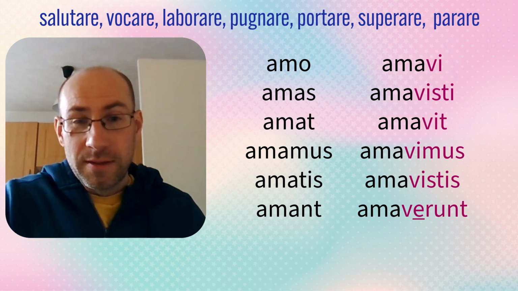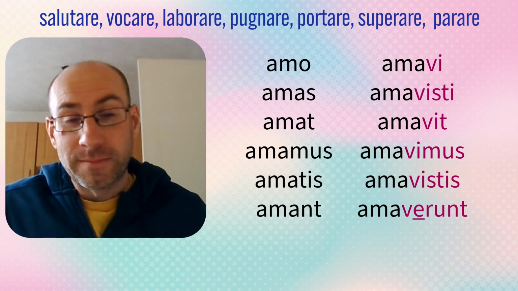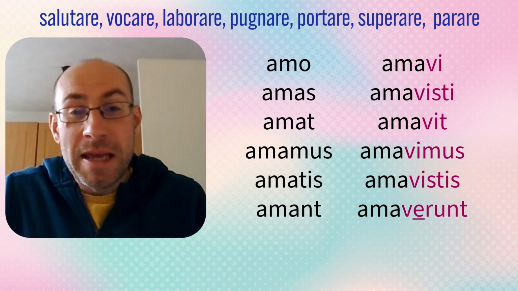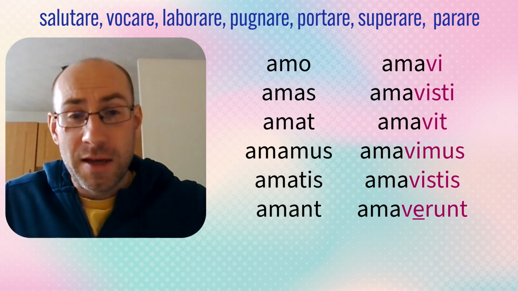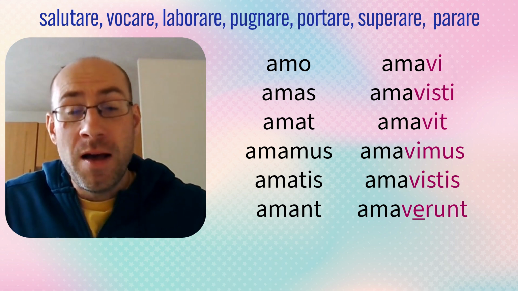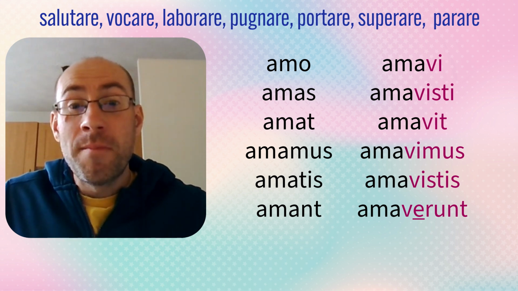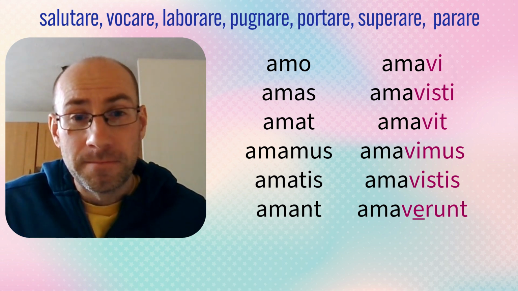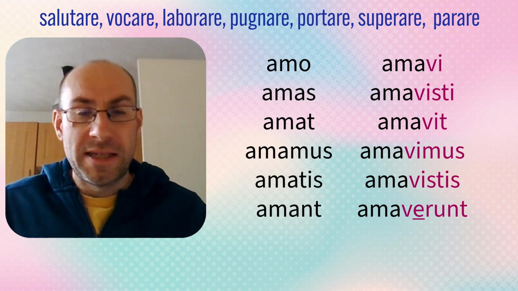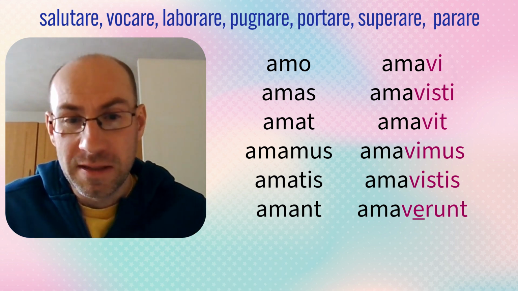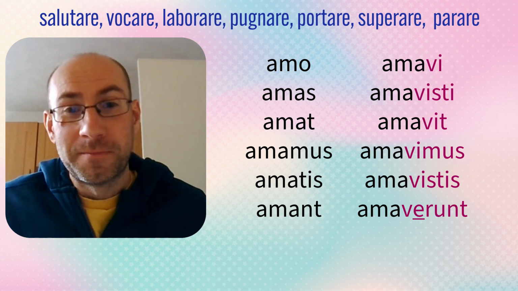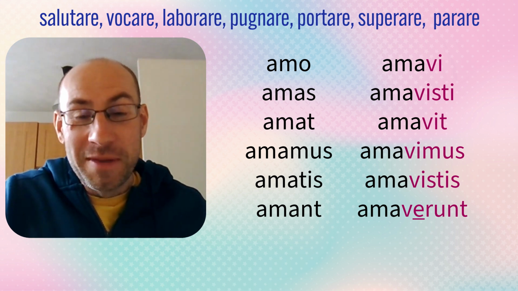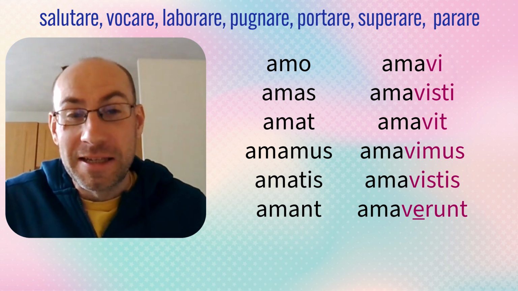Talking to one person: you loved me. Maybe you don't anymore, but past tense, you loved me. So present would be amas, me, accusative. Remember that one, me amas? Me amavisti. And I loved you. Te, not tu, because that would be the subject, and I'm doing the loving, so you in this instance are the object.